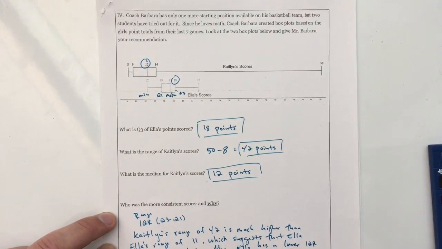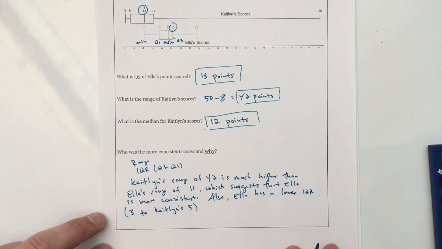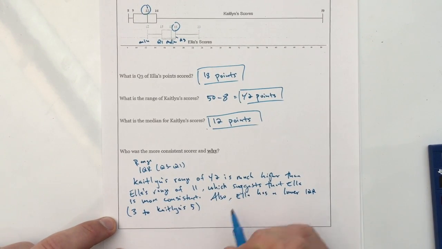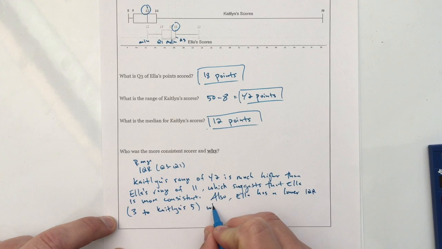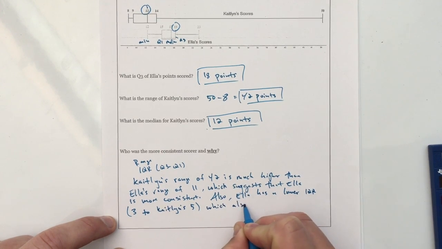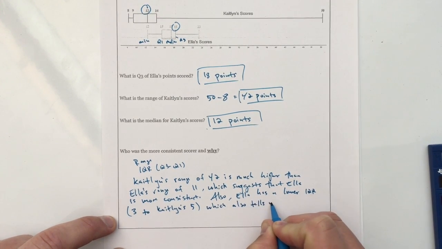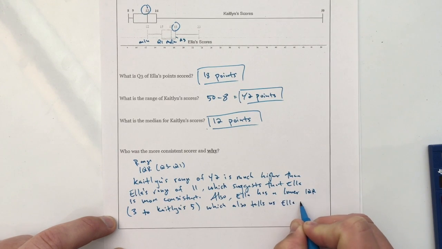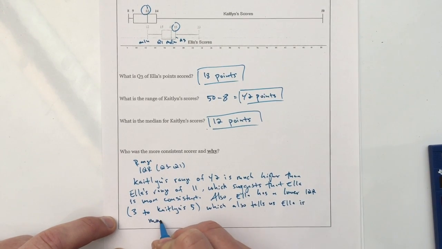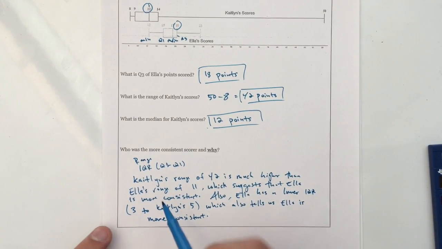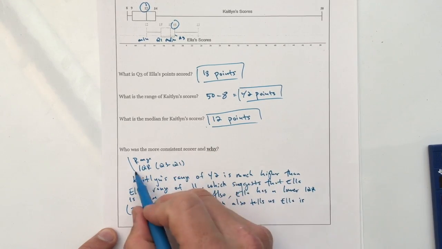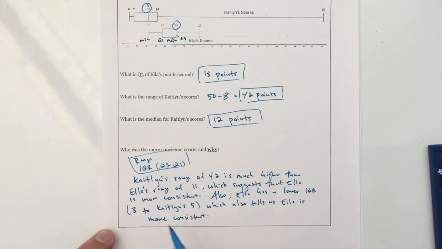I know that's not a very big difference, but we should mention it, which also tells us Ella is more consistent. Okay, so just one more time. These are the things I want to mention: range and IQR.